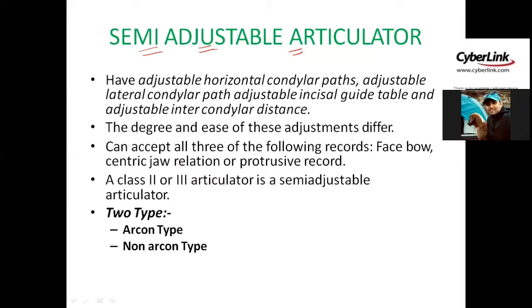The degree and ease of these adjustments differ because these are of two types, Arcon type and non-Arcon type. Okay, and it can accept all the three following records: face bow, centric jaw relation, or protrusive record. These are three main records, right?